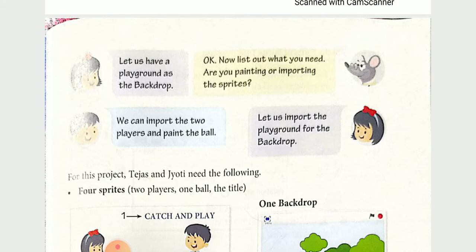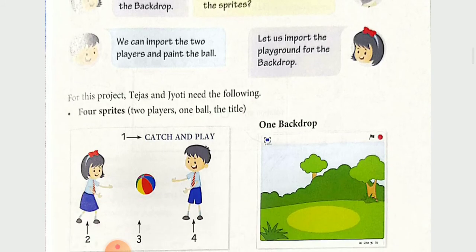Here you can see what our game is. There are two players. One player is throwing the ball and another is catching the ball. Then after, one is throwing the ball and another is catching the ball. And in the background is our playground. You can easily see in your picture.